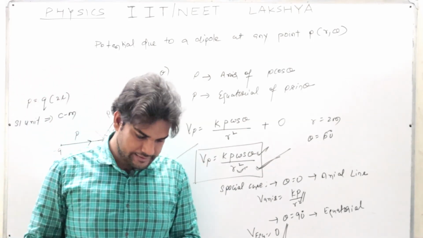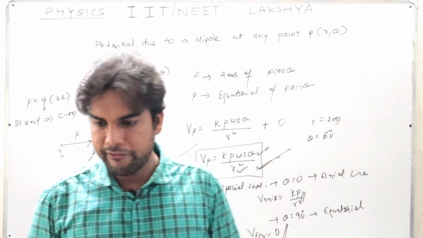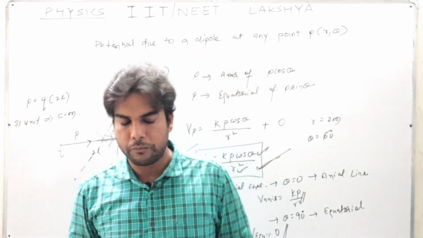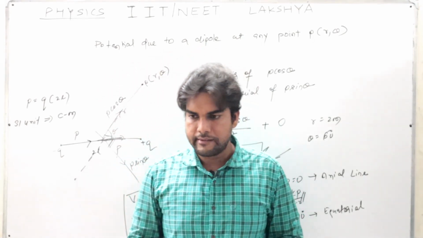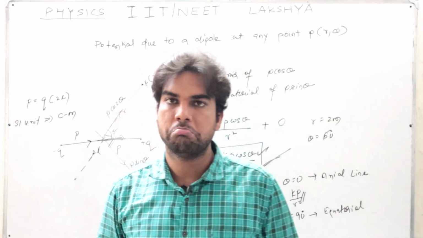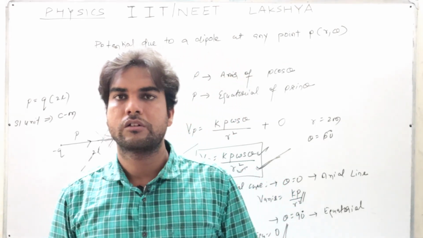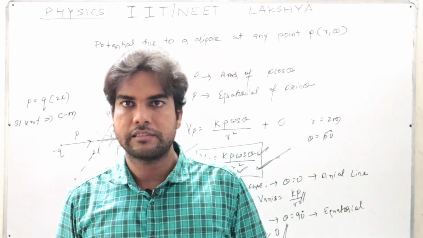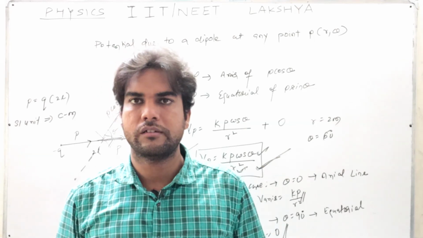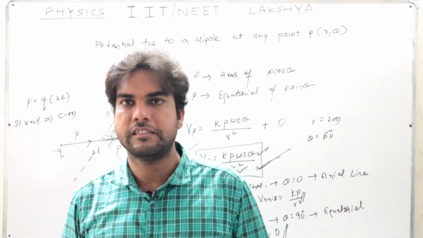So that's it about today's class, and we'll meet in the next video with your next topic, which is potential due to spheres, and then we'll move to concentric shells. So that is as far as this concept is concerned.